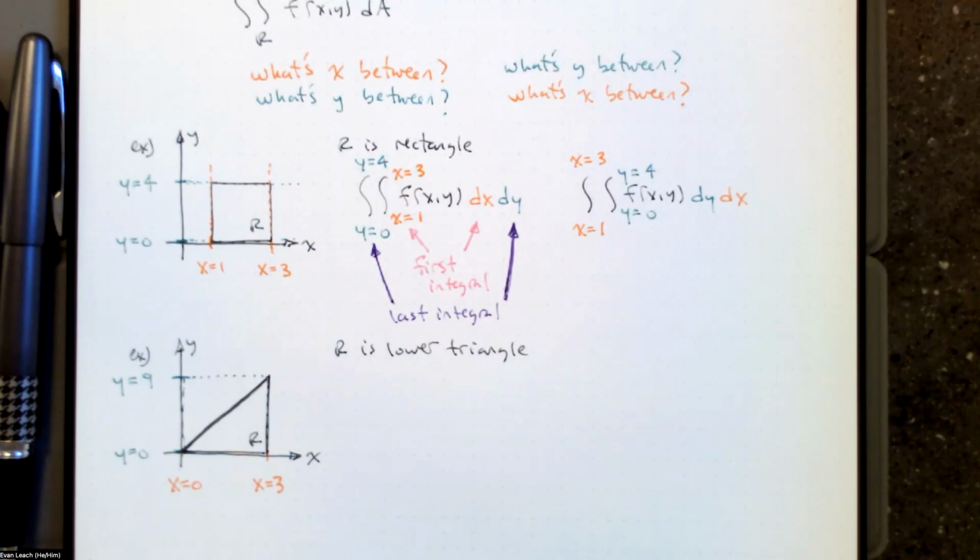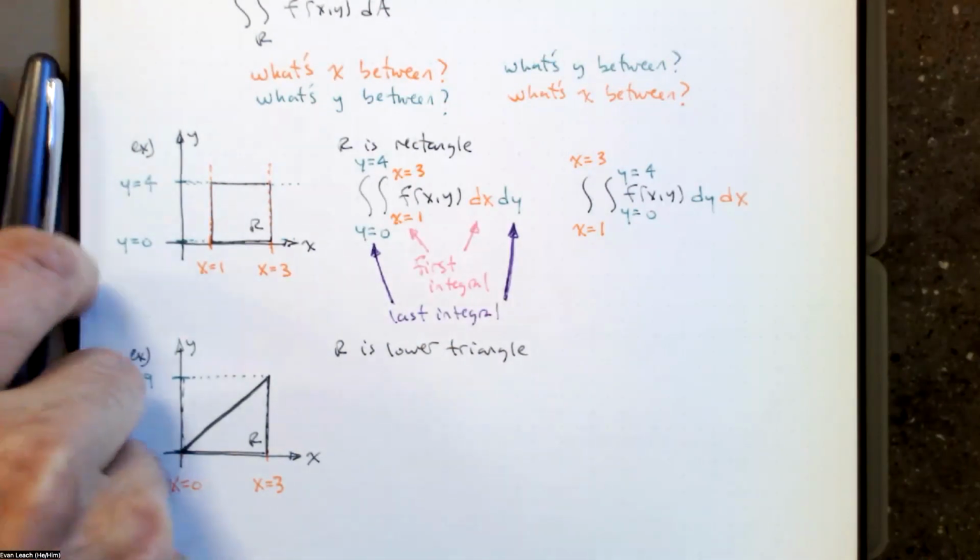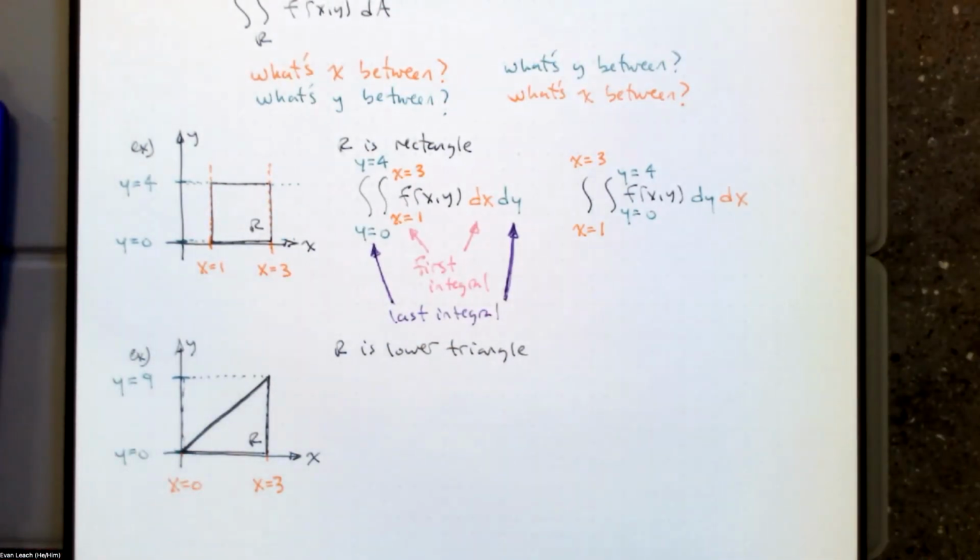So let's say that the region that we're describing now, we're going to evaluate the function over this triangle. And we're going to describe this with two double integrals.